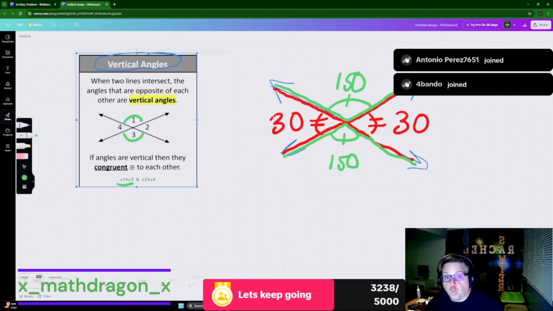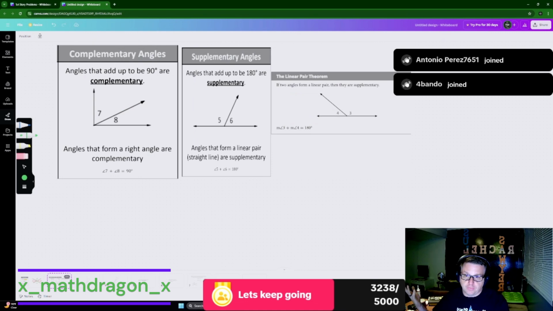All right, so with that, we're going to move on to some special types of angles. Most of the time with this kind of shape, you will see a 90-degree angle in this corner, or a box that's created through these angles, knowing that it's complementary.